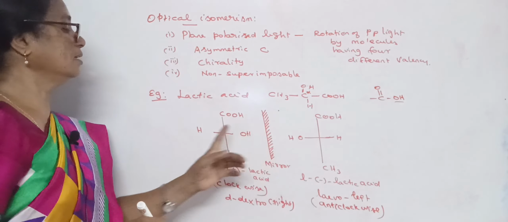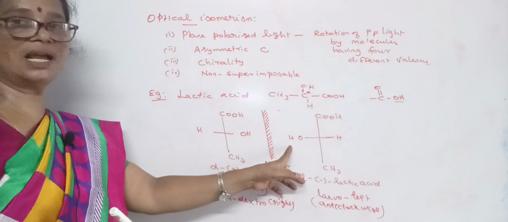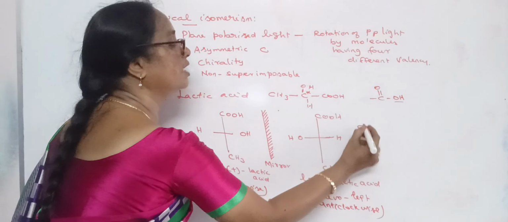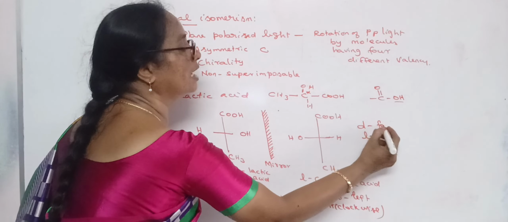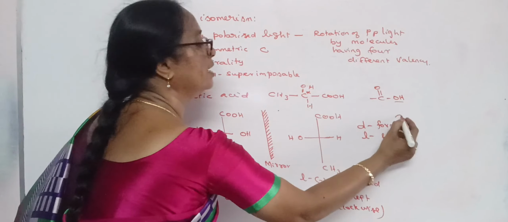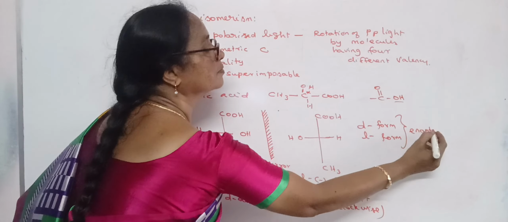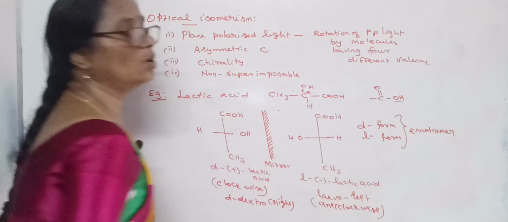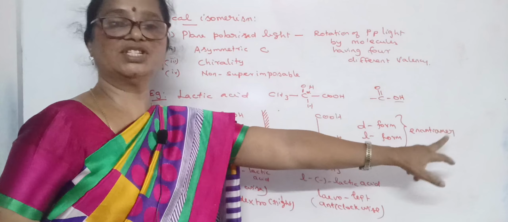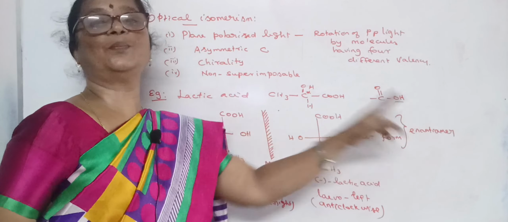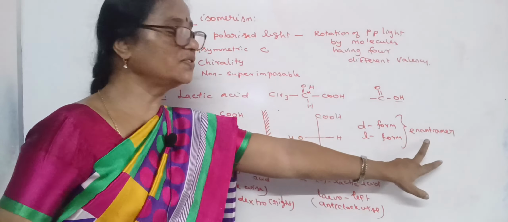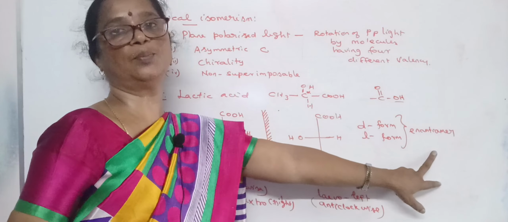So, depending on the rotation of plane polarized light, it gives rise to two different forms. One is D form and another one is L form. Such forms of the molecule are said to be enantiomers. So, in optical isomerism, we will get enantiomers which differ only in the rotation of plane polarized light, but they have the same physical and chemical properties.